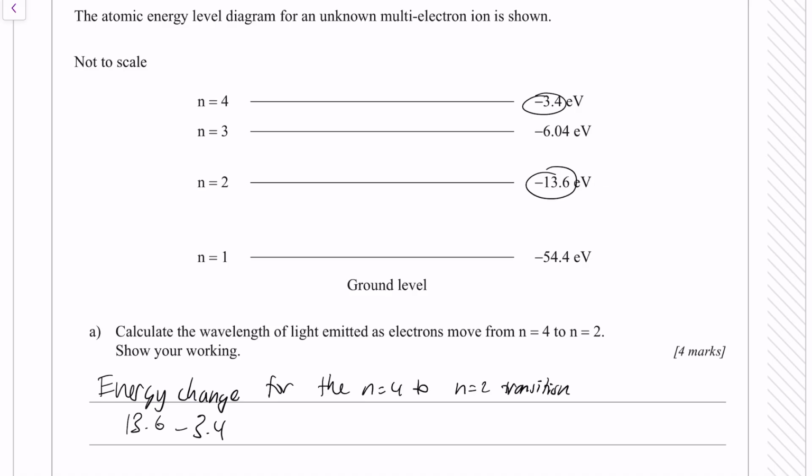And the reason we're removing the negatives is because if you think about just the distance between them, they're going to be the same, okay?